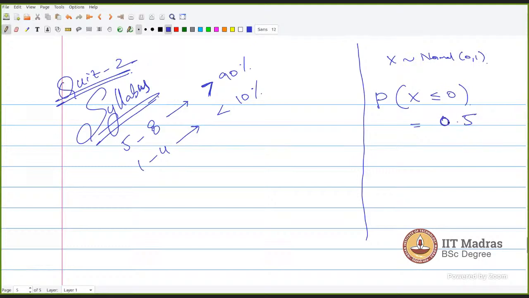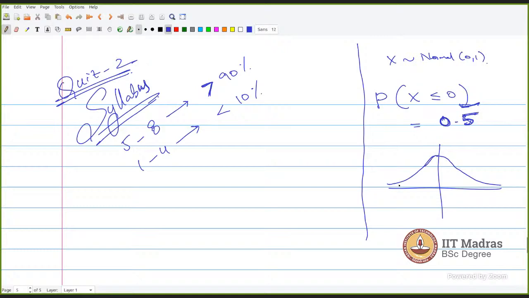It is 0.5. So we think there is no need of giving the value for this. It was not for this value, but this is a straightforward thing. You should actually remember. Don't expect us to give this also.